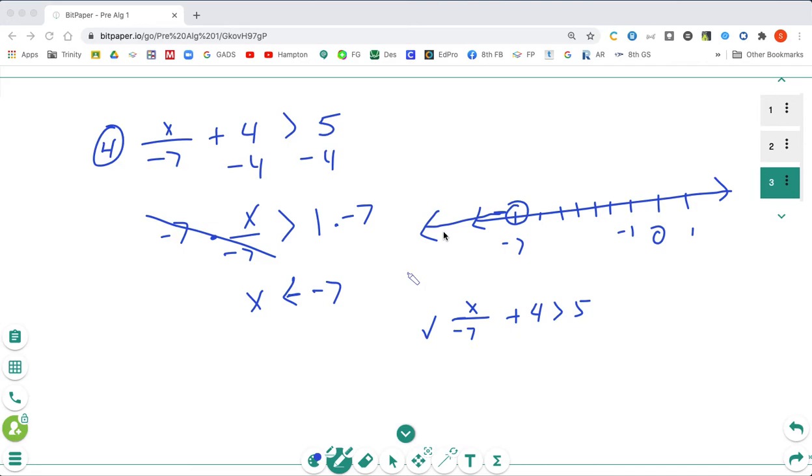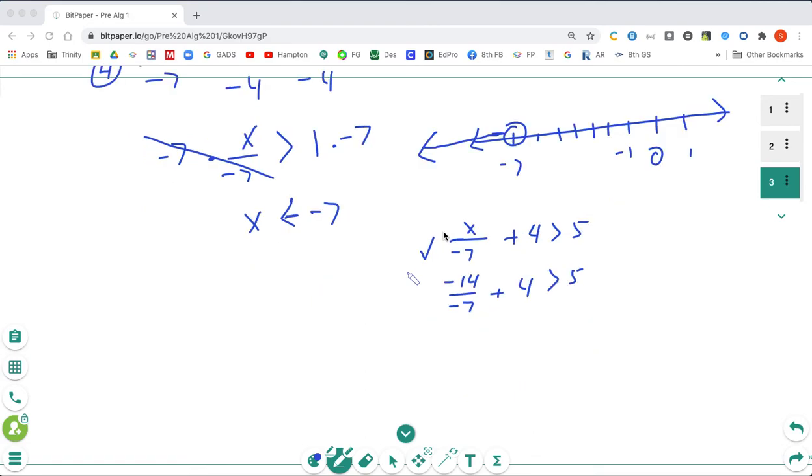So we're going to check to see if we have the arrow going in the right direction. -14 divided by -7 plus 4 is greater than 5. -14 divided by -7 is +2. 2 plus 4 is greater than 5. 6 is greater than 5. So we've just checked to make sure that our arrow is drawn in the right direction.